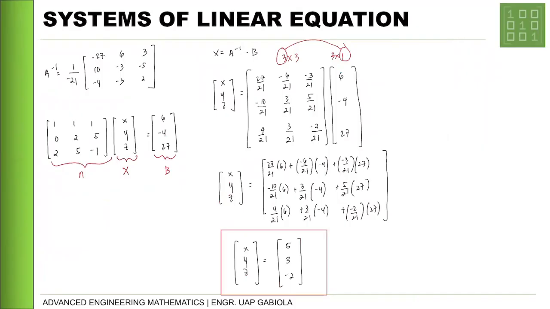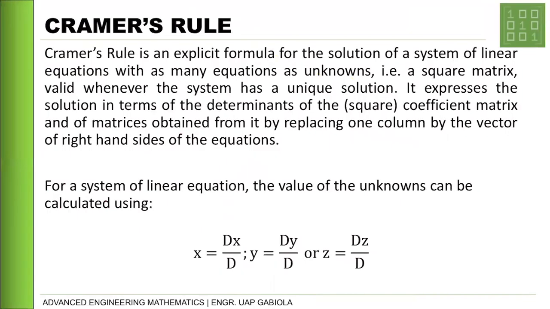Ngayon, meron tayo isang method na pwedeng substitute doon. Okay, dito sa ginawa natin ito, which is yung tinatawag natin Cramer's rule. So, Cramer's rule is an explicit formula for the solution of system of linear equation with as many equations as unknown, meaning dapat square matrix siya, no? So, kung 3 unknowns, dapat 3 solutions dapat siya. Okay?